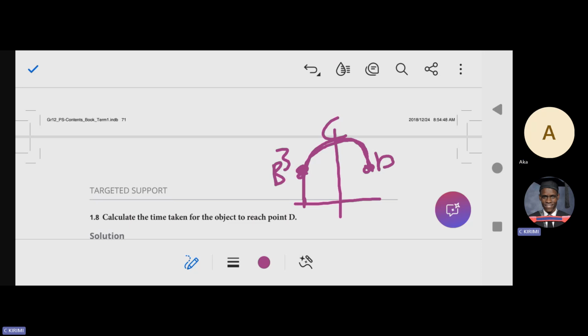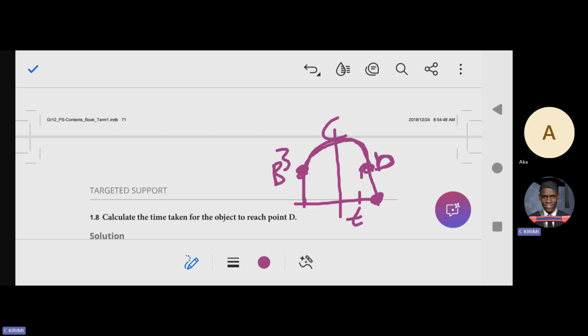But you want this one, for it to reach D, not for it to reach the ground. So what is the time T when it's at D? Can you see it?